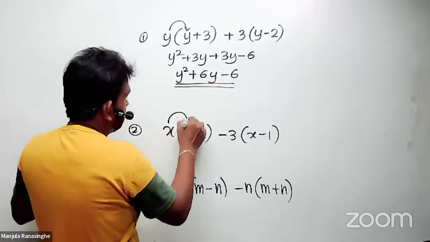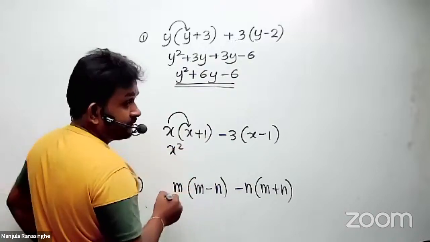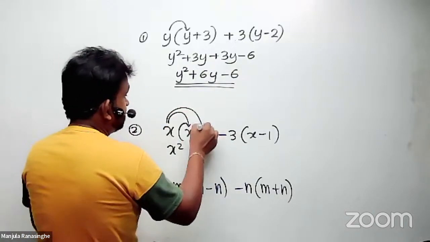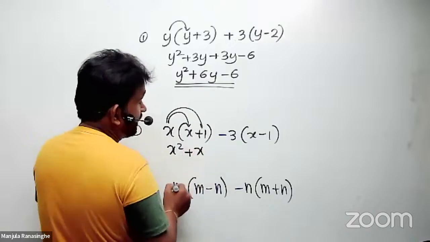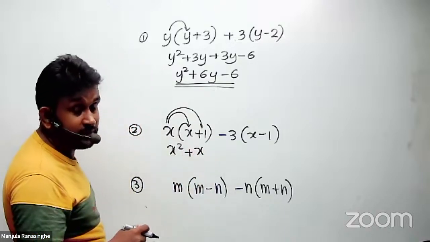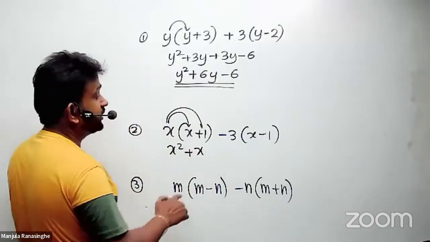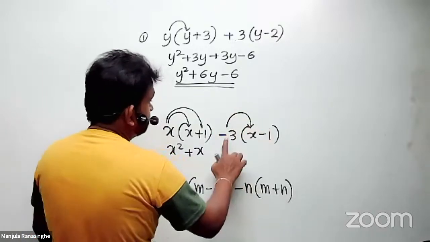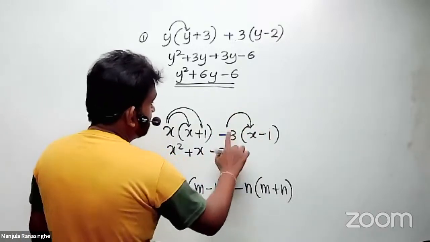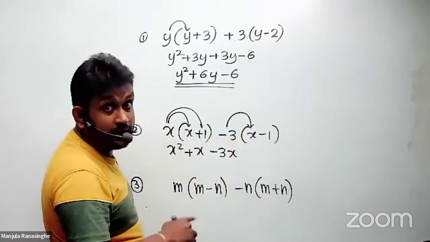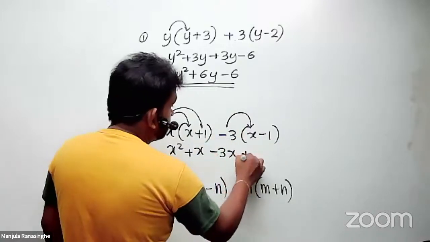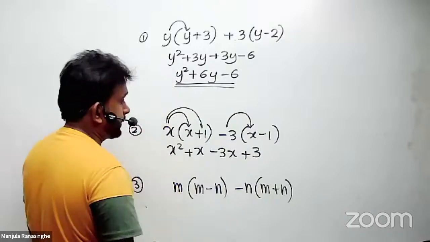Then x into x, x squared, plus x into 1 plus x. 1x means x, no need to write 1x, right. Negative 3 into x gives you negative 3x. Negative 3 into negative 1, negative, negative means positive, 3 into 1, 3.